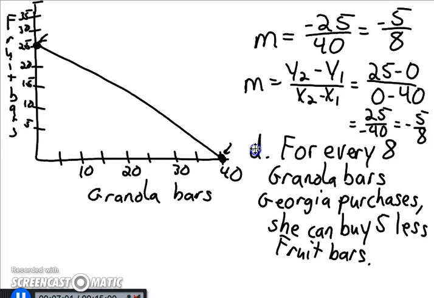And that's what our slope is saying, that the negative 5 over 8 is saying. Every time that we go to the right 8, every time that our granola bars goes up 8, our fruit bars go down 5, which is what we're explaining in part D. For every 8 granola bars Georgia purchases, she can buy 5 less fruit bars.